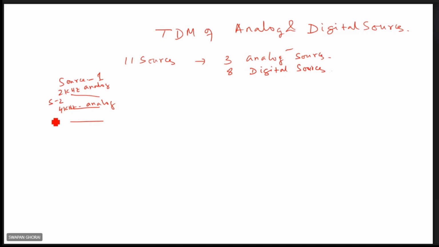And another one, source 3, is 2 kilohertz, analog. So there are 3 sources: one is 2 kilohertz, another 4 kilohertz, and the third 2 kilohertz.